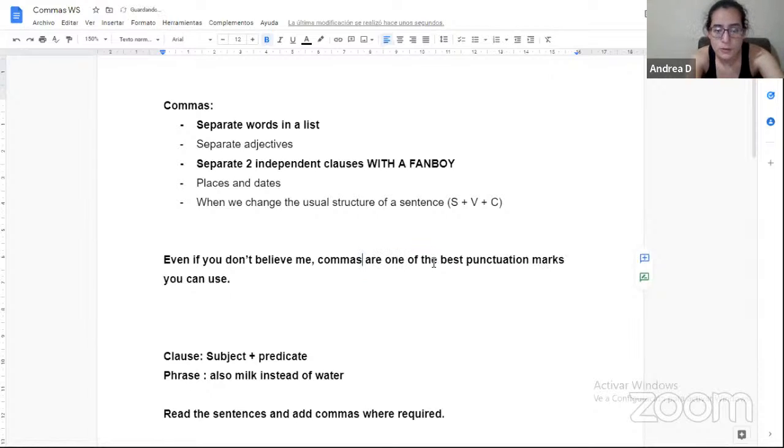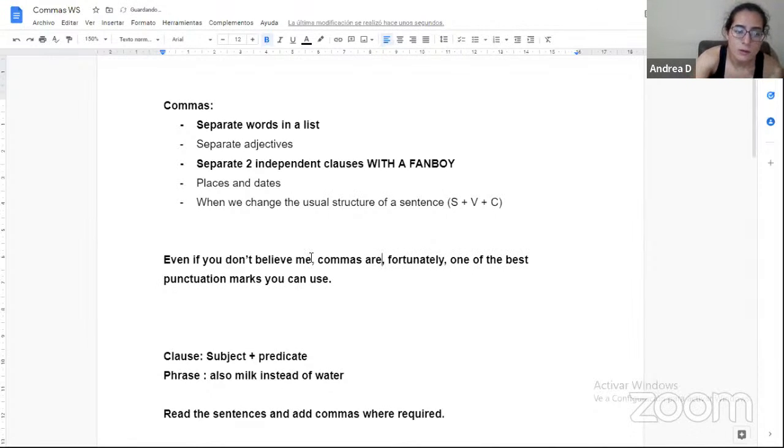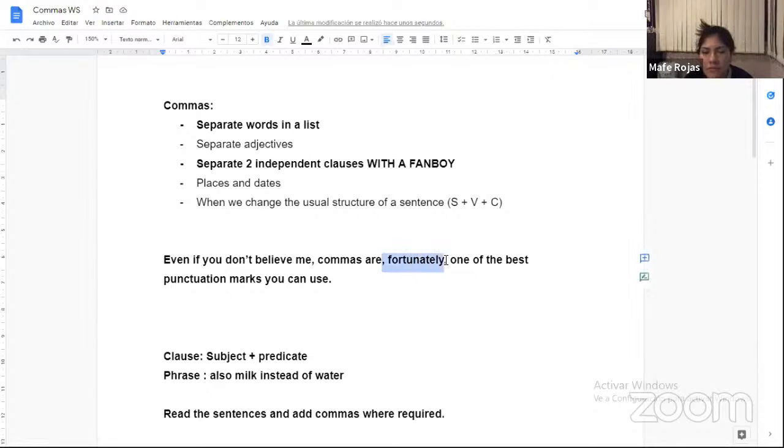You can also place it here. I think it sounds better when you place it here. So even if you don't believe me, commas are, fortunately, one of the best punctuation marks you can use. So this fortunately is interrupting the commas are one of the best punctuation marks. So that's why I'm putting it between commas.